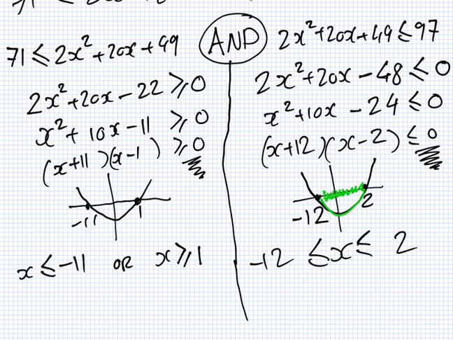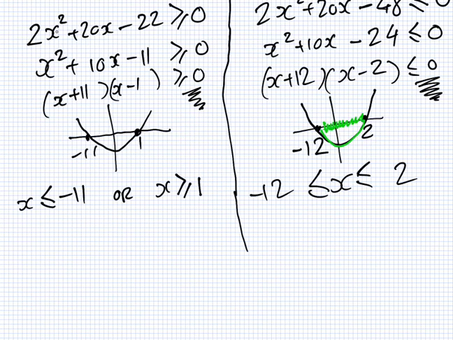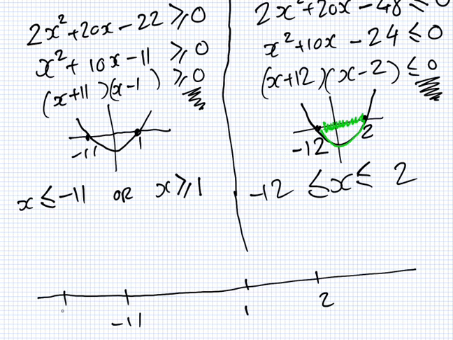Oh, I guess this will be our last example. Okay, so now combining the answers. I'll put it on one large number line. Here is 1, 2, minus 11, minus 12.